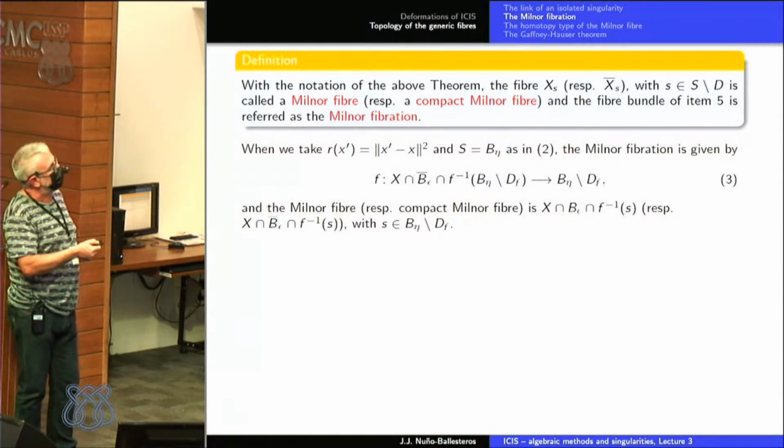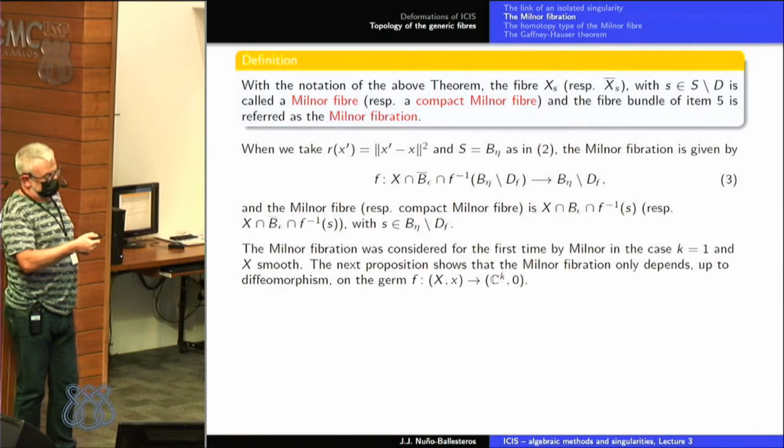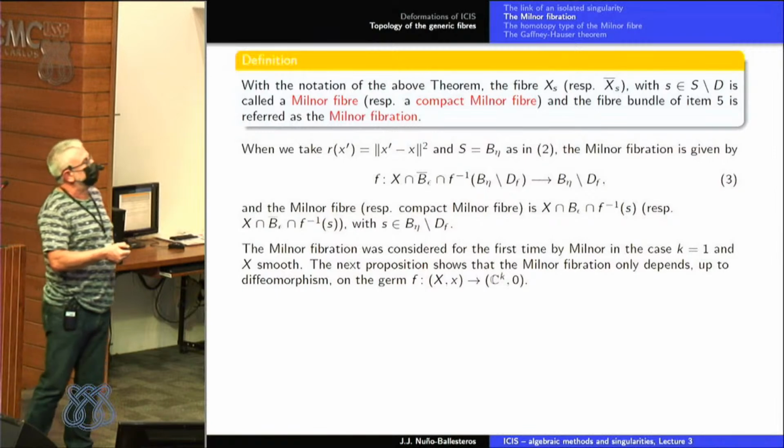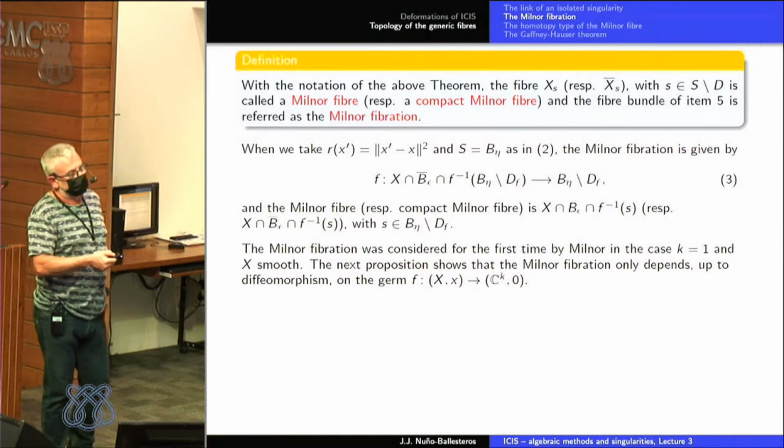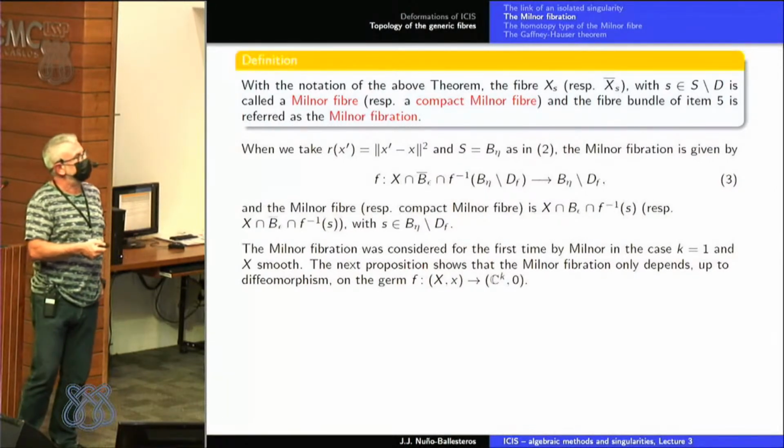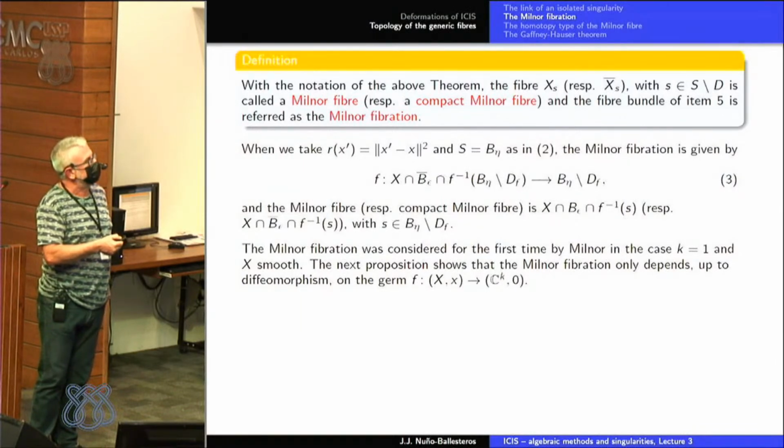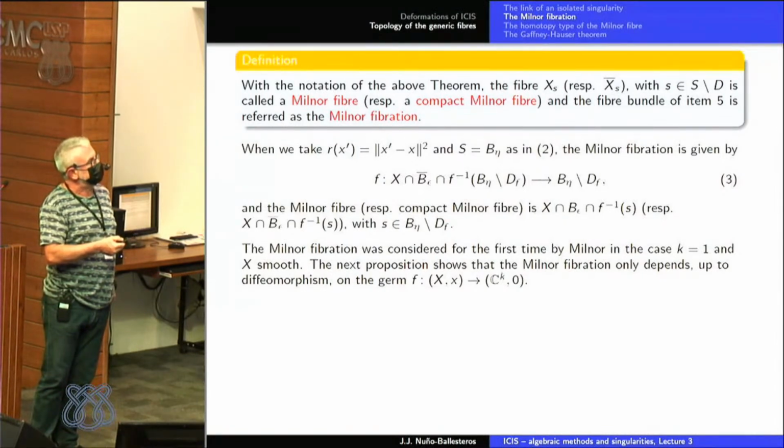And the same for the compact Milnor fiber. So this Milnor fibration was considered for the first time by Milnor, of course, in the case of a hypersurface, and when X is smooth. And the next proposition shows that the Milnor fibration only depends up to the diffeomorphism of the germ F.